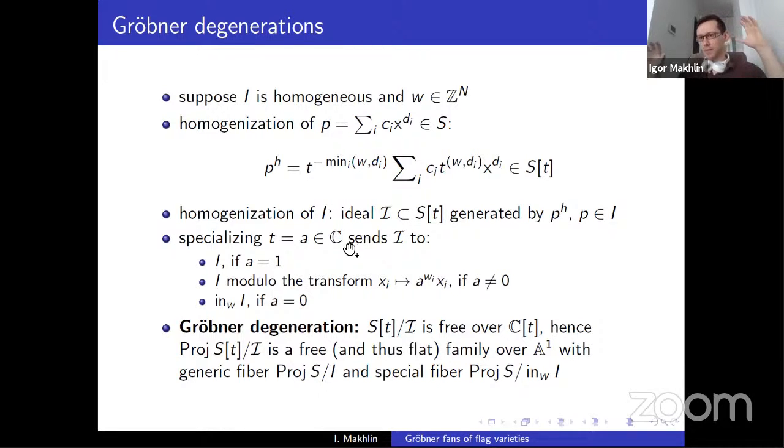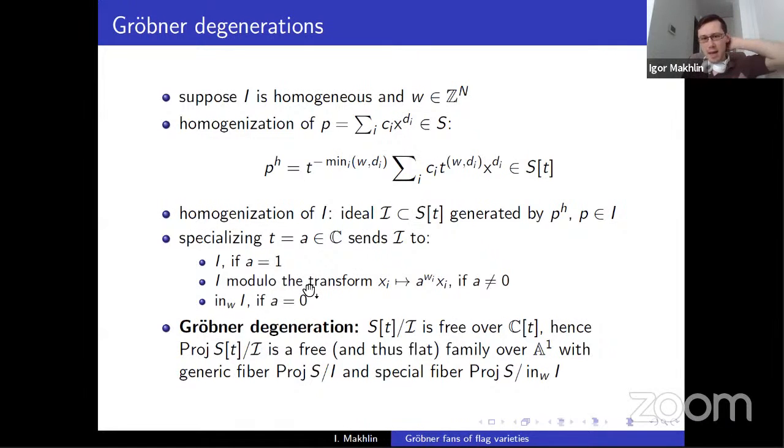We can set T equal to some complex number, and then we get a map back into S, and the image of the homogenization of this fancy I will be some ideal in S. And you can see easily that if we specialize t to 1, then we are back with the ideal I that we started with.